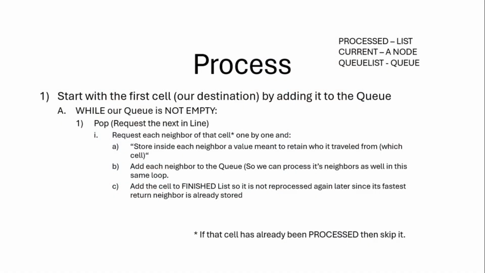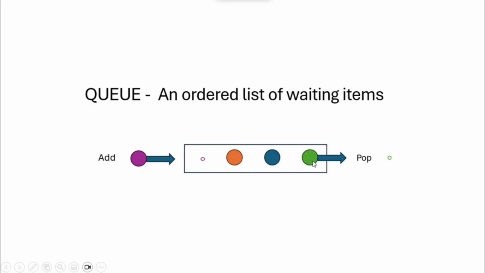So we are going to be using three different data types: that graph, a list, and a queue. The queue data type is basically the same thing as a list. A list is a collection of items that we can retain information inside of. You can think of it like a bucket of items, but usually a list can be sorted or arranged in different orders.